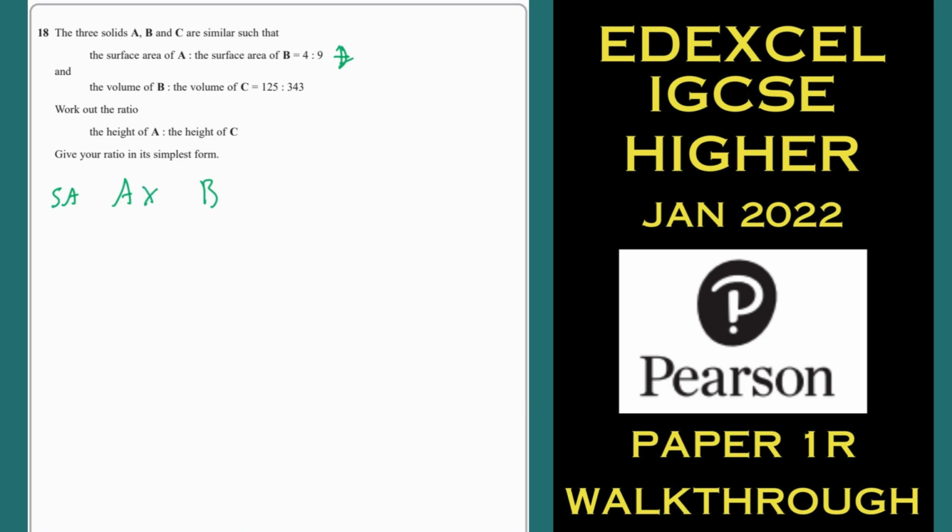You multiply it by 9/4. That's your area scale factor. It needs to be square rooted to find your linear scale factor. Square root of that is 1.5 or 3/2.